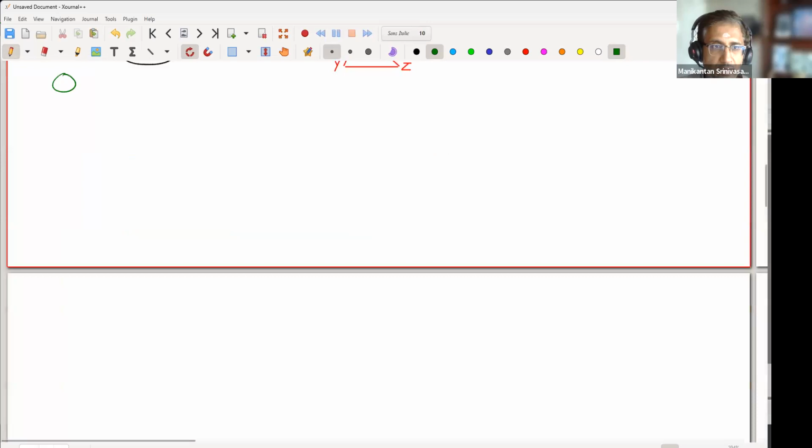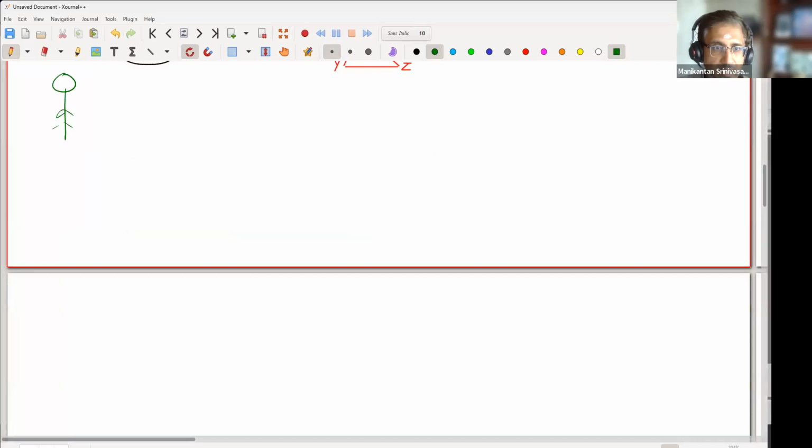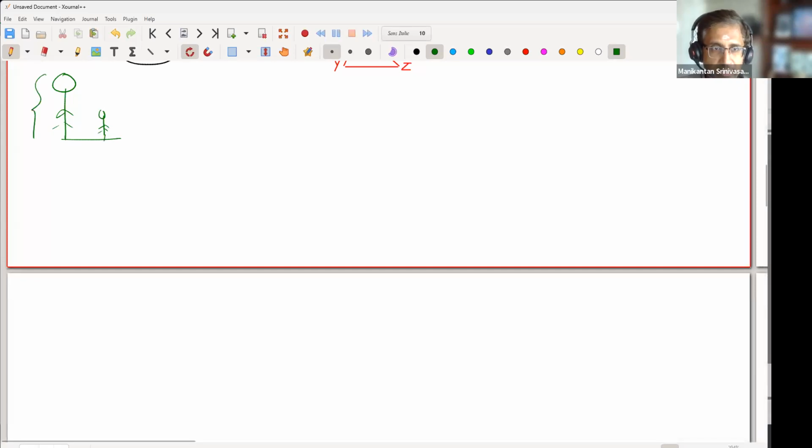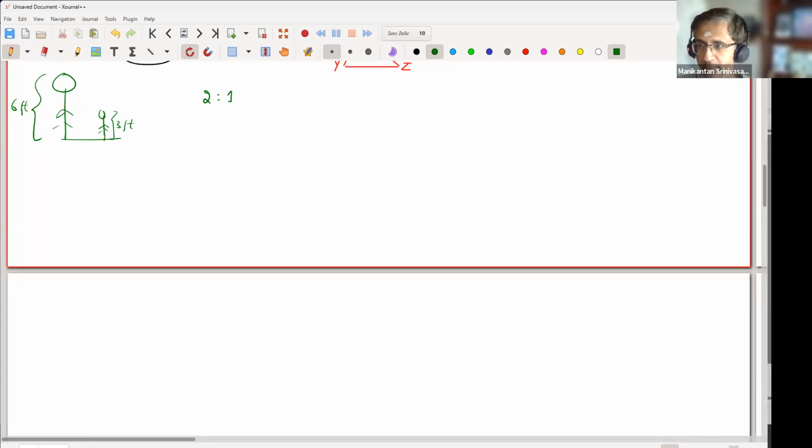So for example, if I have a big dad here and a small little his kid, his son here, right? So let's say this guy measures, I don't know, 6 foot, right? And this guy is 3 foot. So the scale factor is 2:1 in this case. Lengthwise, it's 2:1.